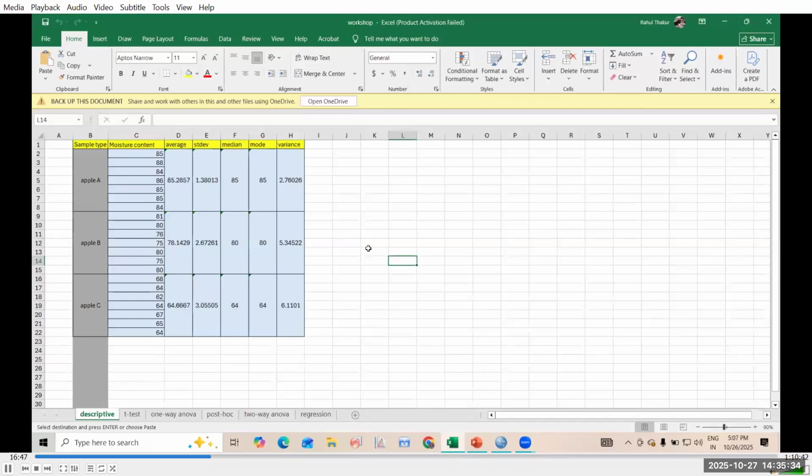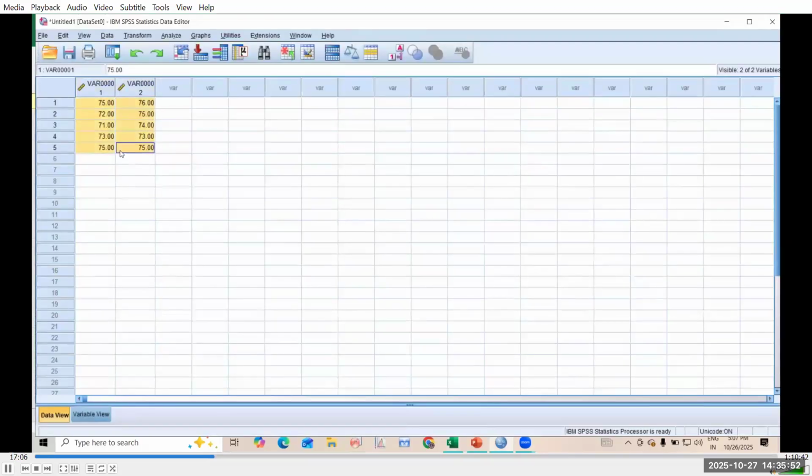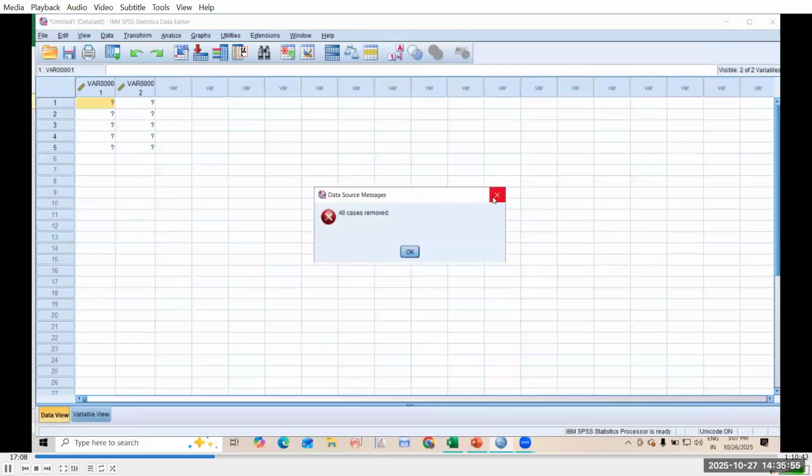And if the varieties have replicate data, like apple A, apple B, and apple C having replicates of moisture content, we will repeat the same variety code for each replicate. Let me show this.